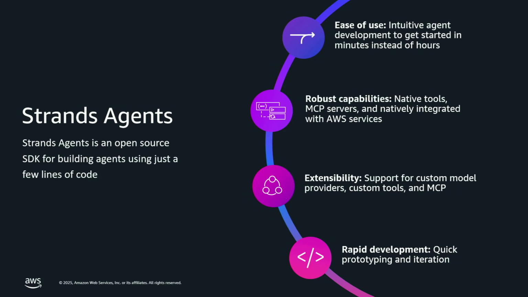Strands can run on any infrastructure, and it can call models that are either hosted on Amazon Bedrock or even OpenAI models. So to quickly summarize, Strands will let you define how your agent can think and act on its own. But the next question is, how can you make this agent run in a scalable, production-grade way?